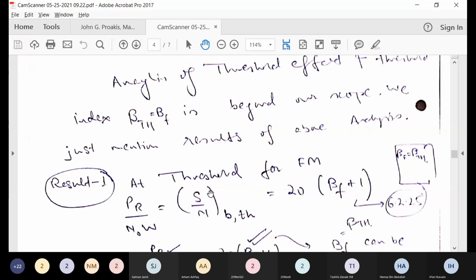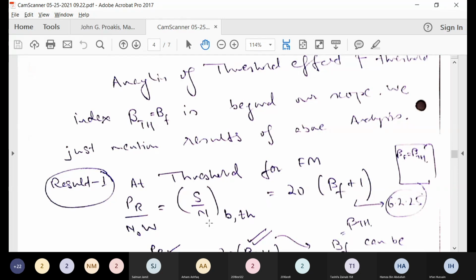Now, after the analysis that is out of the scope of this book, we just saw that the signal to noise ratio threshold at the baseband level must be exceeded by your baseband signal. The threshold is given by 20 times beta plus 1.